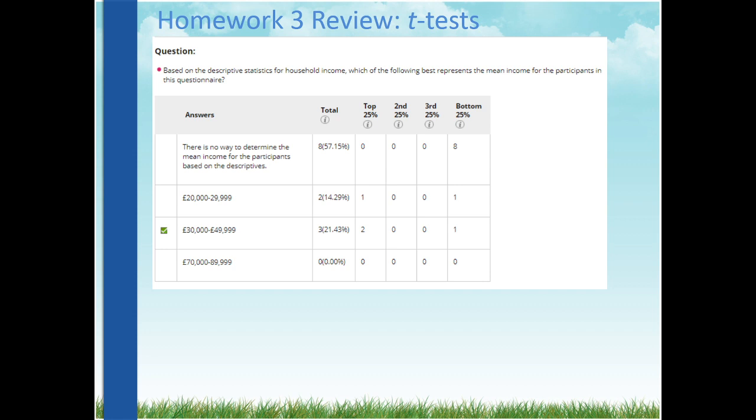And then this question, based on the descriptive statistics for household income, which of the following best represents the mean income for the participants in this questionnaire? This was a tough one because there's kind of two steps that you had to go through. So the correct answer is 30 to 49,000, 30 to 50,000 pounds basically.